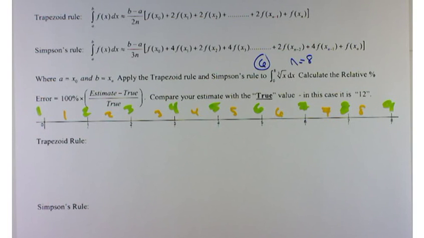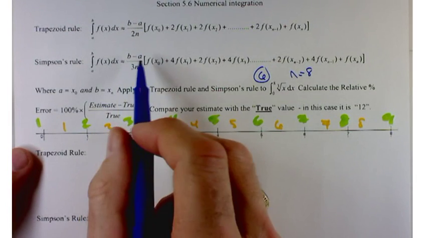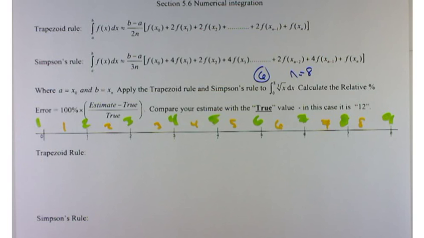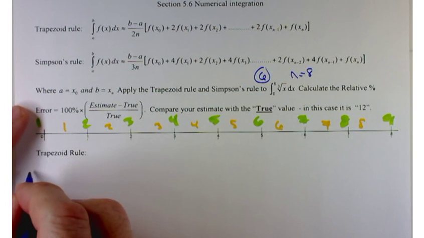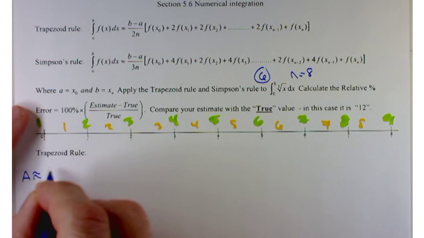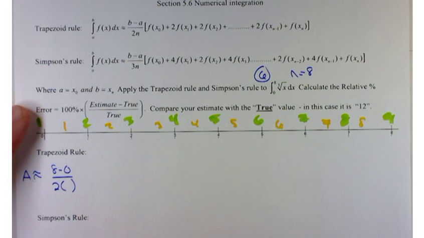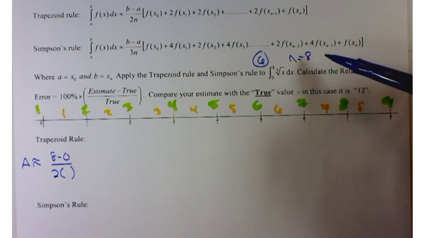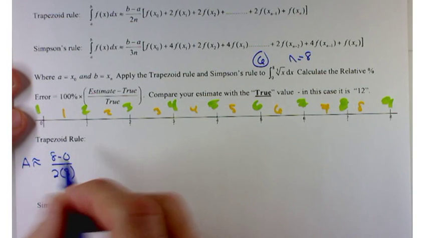So how does the trapezoid rule look in this case? Well, let's first of all figure out b and a. b and a come from the limits of your integral. So in the case of problem number 6, this area is going to be approximately (8 minus 0) over (2 times n). Coincidentally, what's n equal to in this particular case? It's also 8, although it's a different 8 than this one.